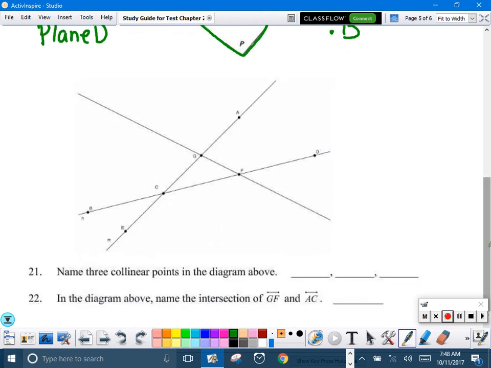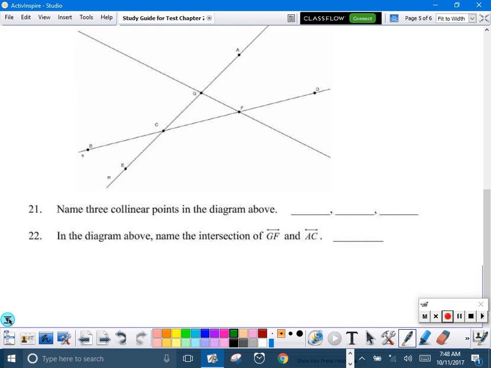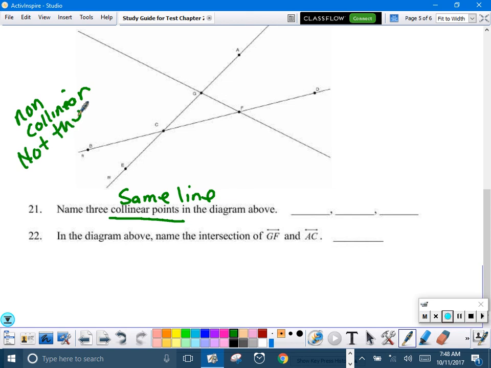And last, okay, it's not cooperating. Just a second. There we go. Okay, collinear means same line. If it said non-collinear, not the same line.